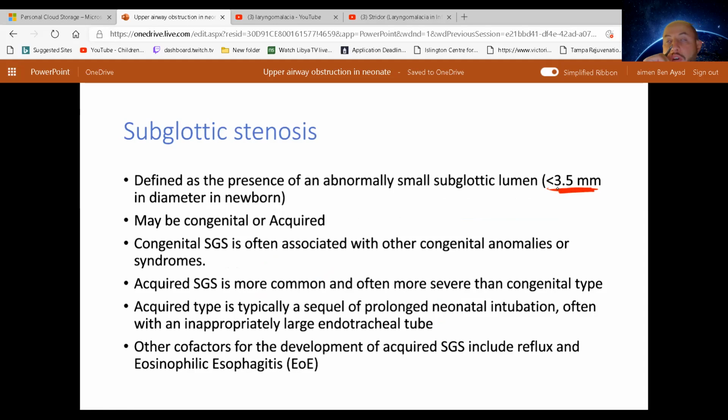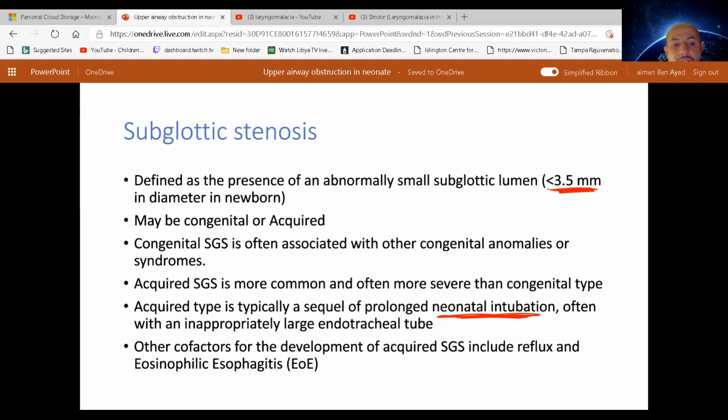The acquired type is more common and more severe, and usually secondary to intubation, because of the narrowest part. That's why, when you have a baby who's getting a leak, think twice before you decide to place a bigger tube, because you're always going to carry the risk of subglottic stenosis.